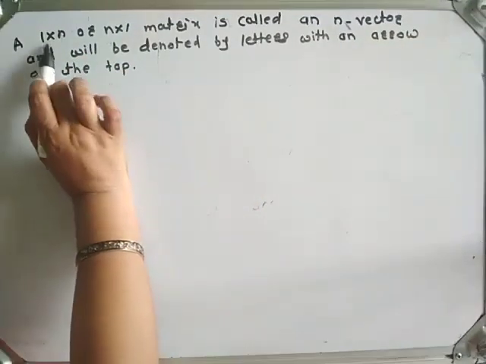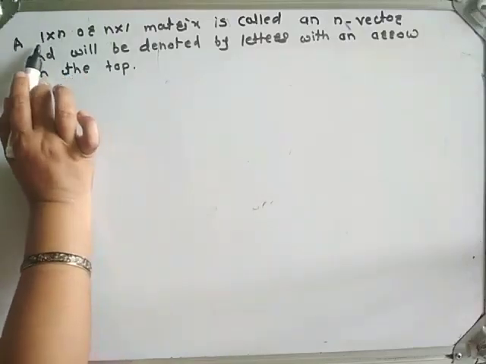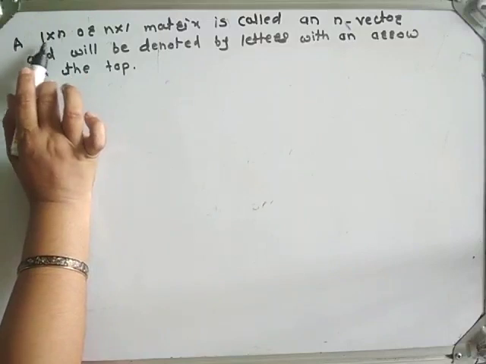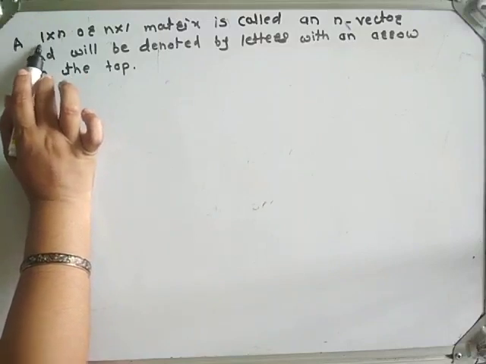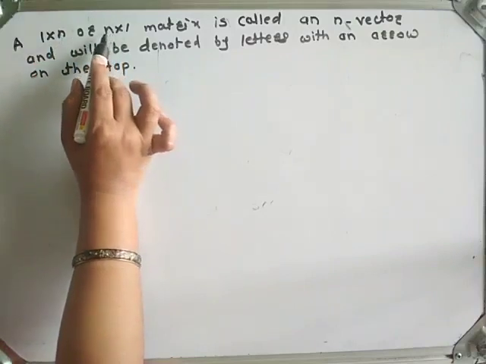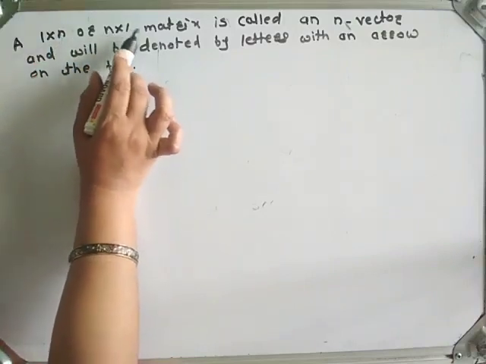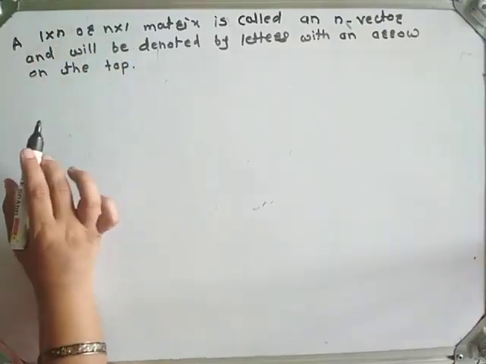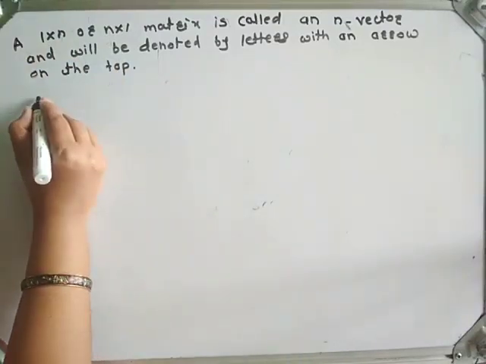Here 1 by n means it is a matrix with size 1 by n, that is the number of rows is 1 and the number of columns is n, or the number of rows is n and the number of columns is 1.